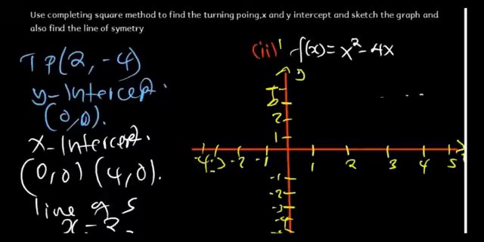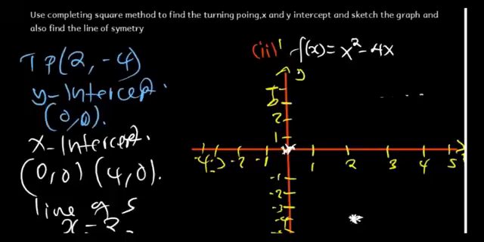Now from here I need to find the y-intercept, which is 0, 0. 0, 0 is this point. Then for the x-intercept we again have 0, 0, so it's at the same point. Then the turning point is at 2 all the way to 4. So it's this point here. That's the turning point, that's where the graph is going to turn.